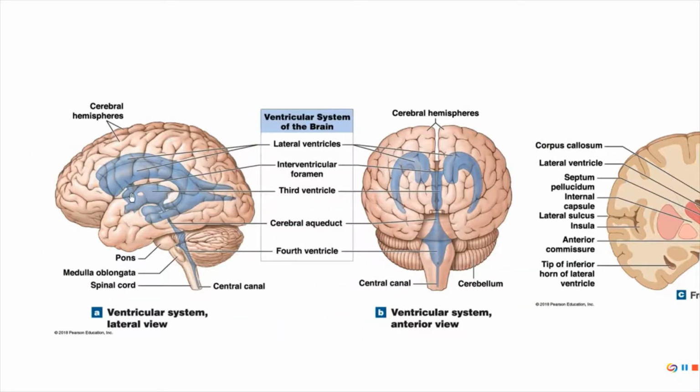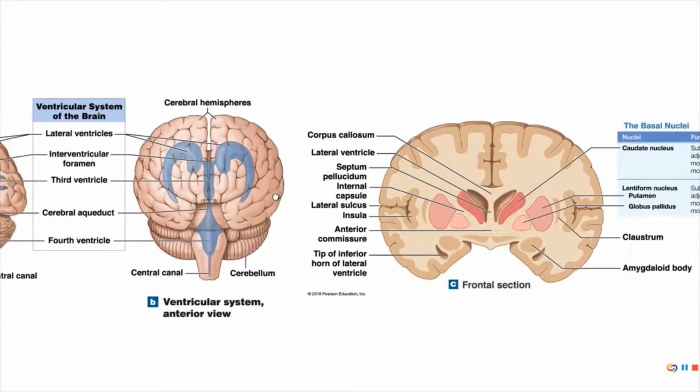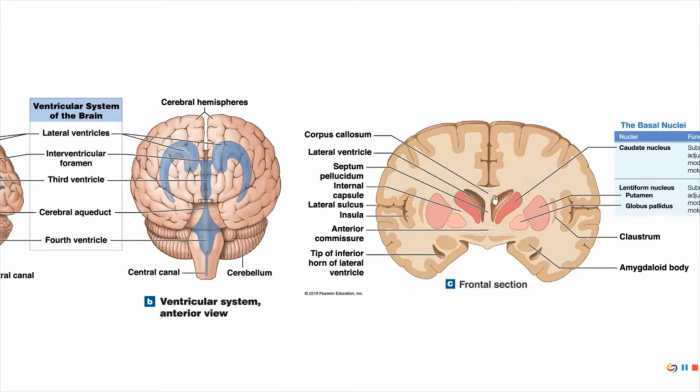And then it goes to our third ventricle, down here to our cerebral aqueduct, mesencephalic aqueduct, or aqueduct of midbrain, to our fourth ventricle, which goes on down the spinal cord central canal. And this is all inside your brain. Separating your two lateral ventricles is the septum pellucidum.